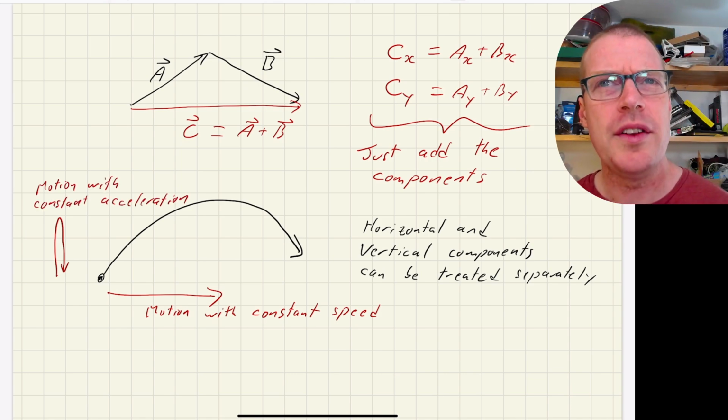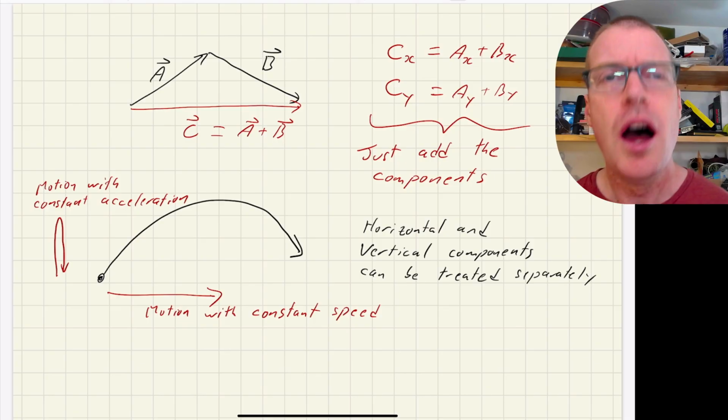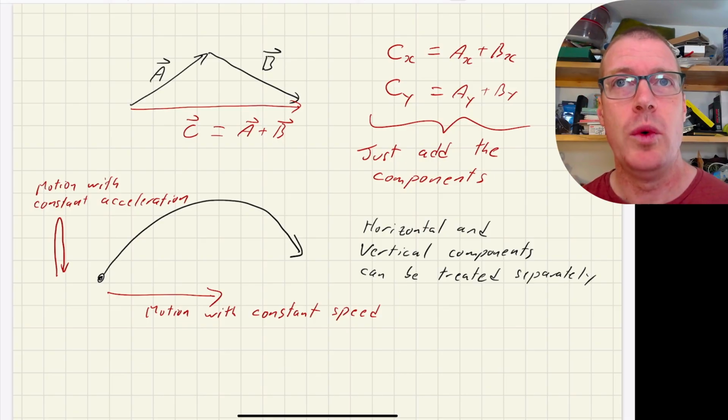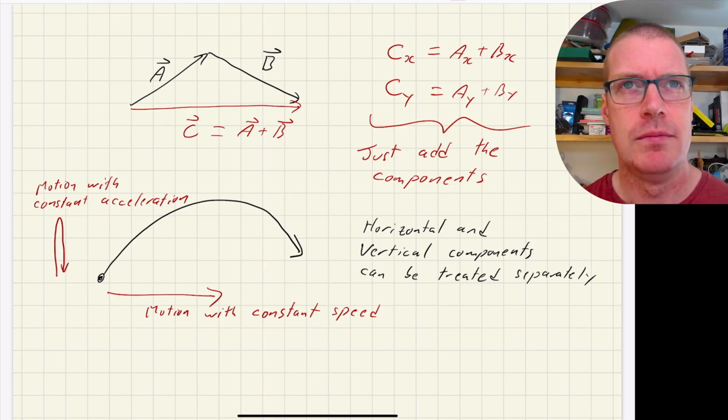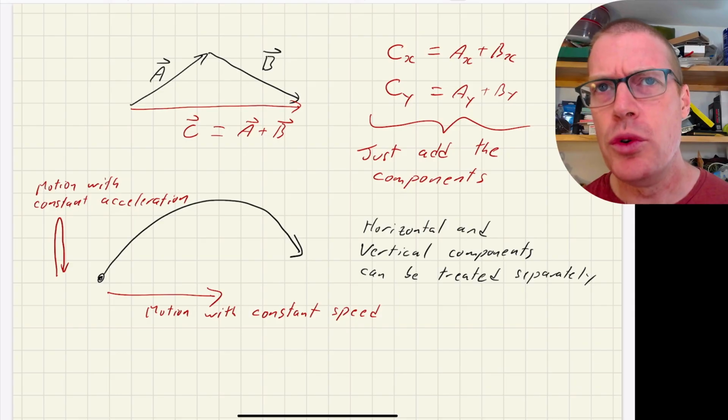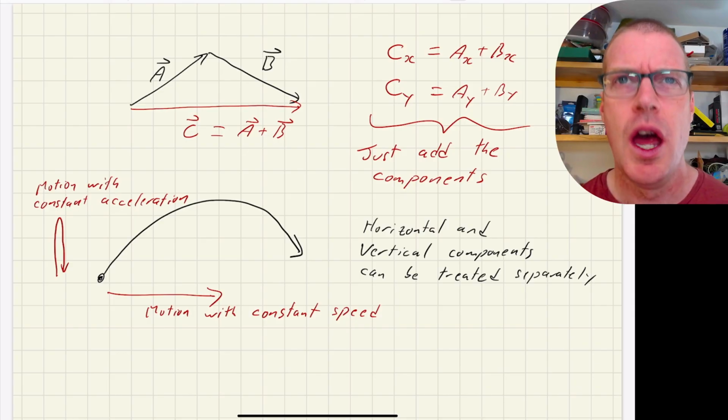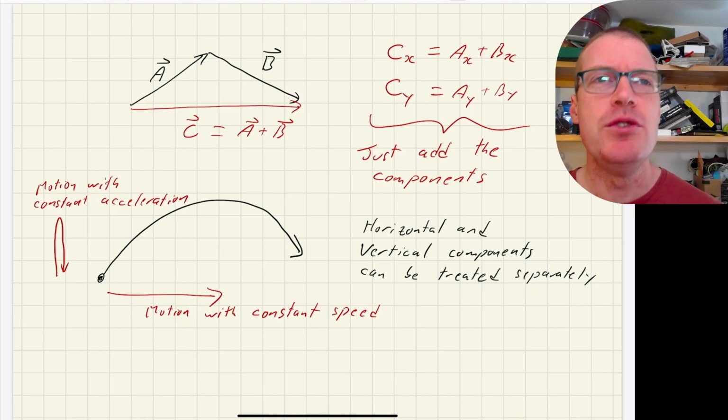Now there are 4 questions you might ask. What do I mean when I say that these decouple? Why is it true? When is it true? And how can I make use of this?